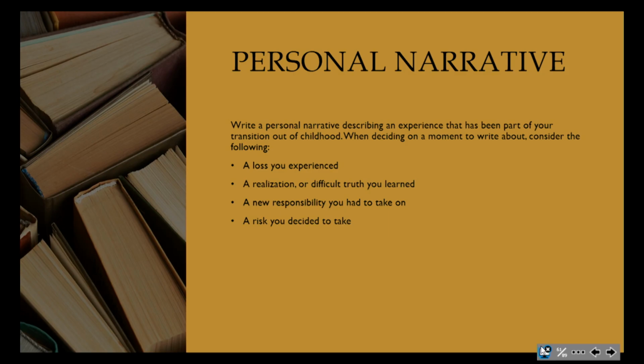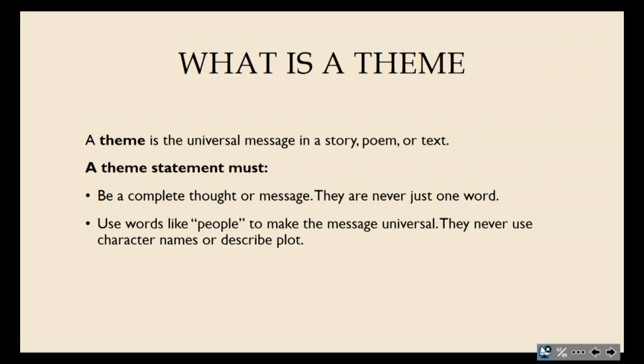So that is the overarching idea that we are reading about and trying to answer those questions, so that you can have a grasp of what you will write about, what that will look like, as well as the end of the unit when you write that argument. So today we're going to look at what is a theme. A theme is a universal message in a story, poem, or text.